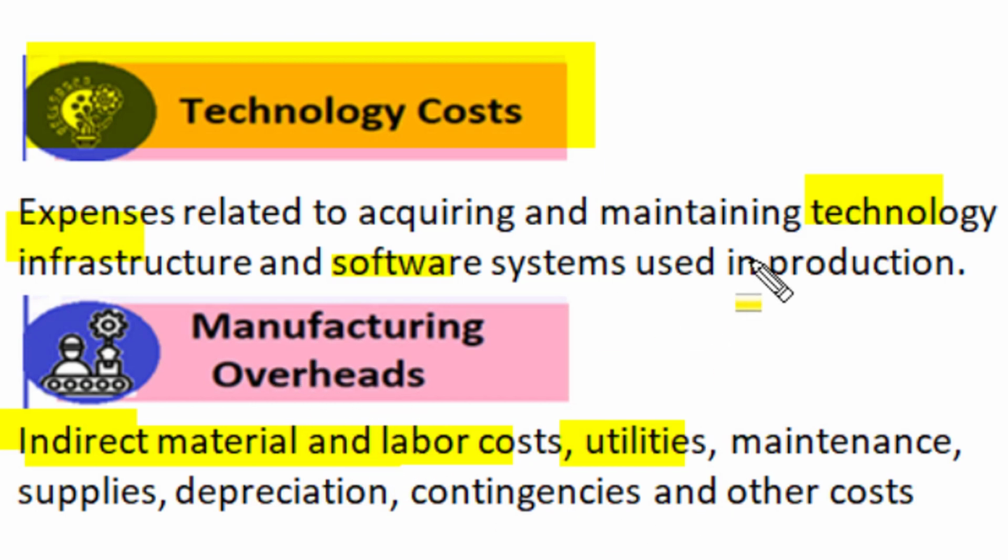We have to maintain our production machinery. There is depreciation of fixed asset, and we need additional cost allowances for unexpected, emergency, accidental conditions known as contingency. So they are all our manufacturing overheads.